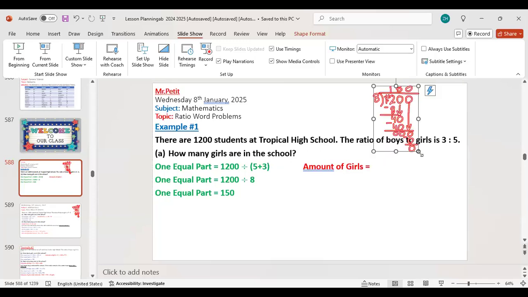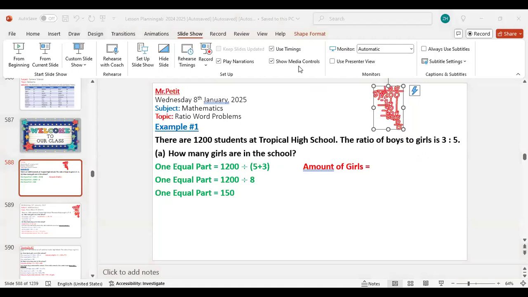Because it's respectively. We use 5 because the 3 refers to the number of equal parts for the boys, and the 5 refers to the number of equal parts for the girls.